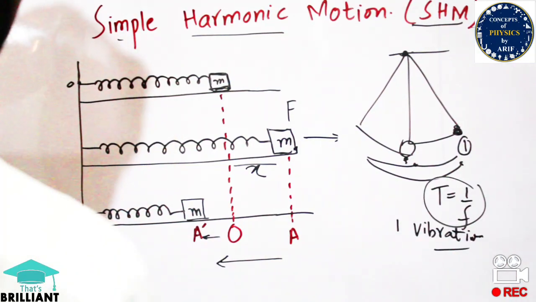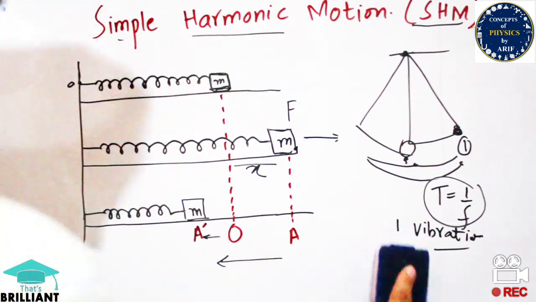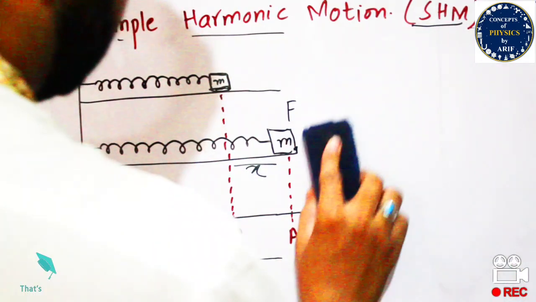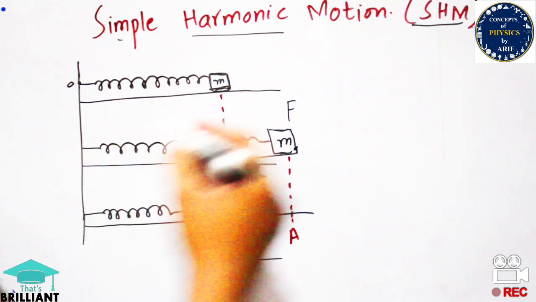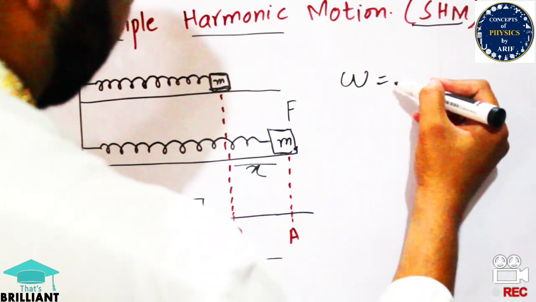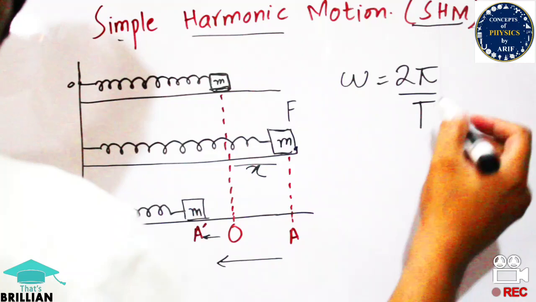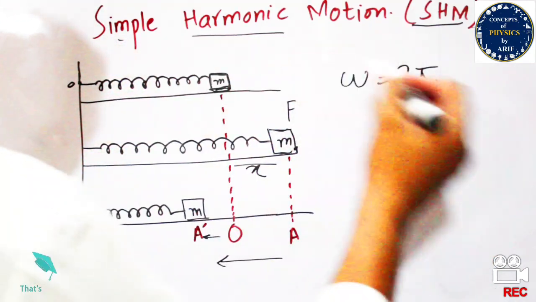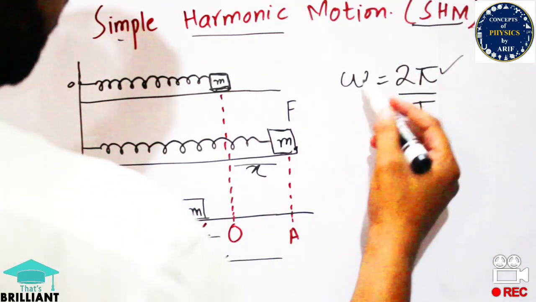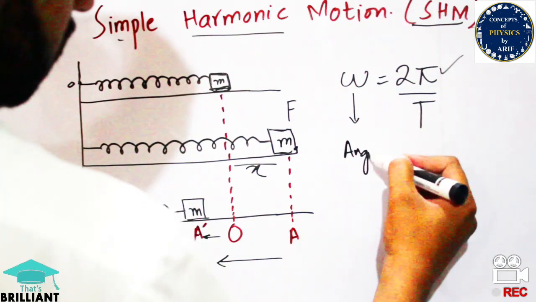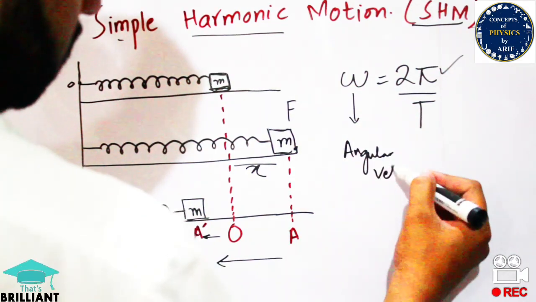This example also holds for the spring mass system. We can also discuss angular velocity with respect to time period and frequency. Angular velocity is inversely proportional to time period, because one complete revolution or circle contains 2 pi distance divided by time.